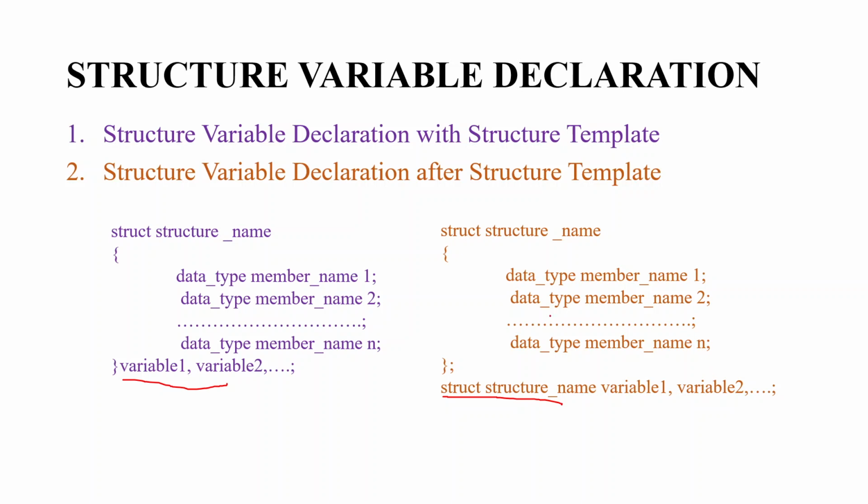So this is how you will declare a variable after the structure template. You can declare the variable from the main function also, and within the main function you can use the same syntax to declare the variable. So these are the ways you declare a variable for a structure.